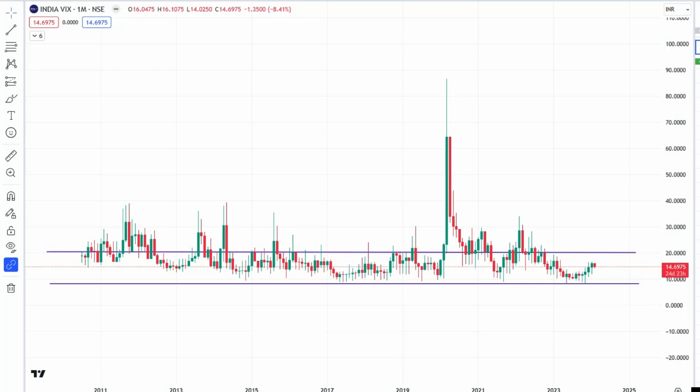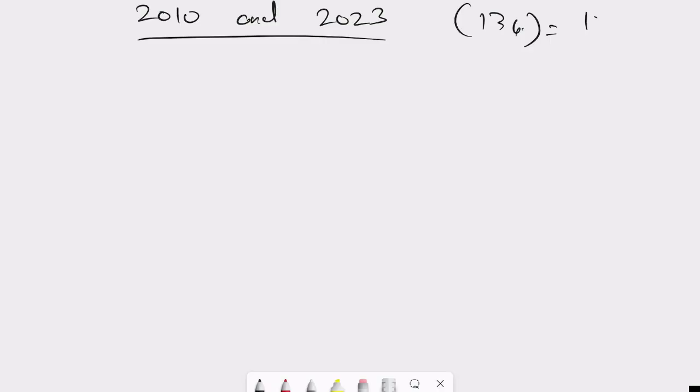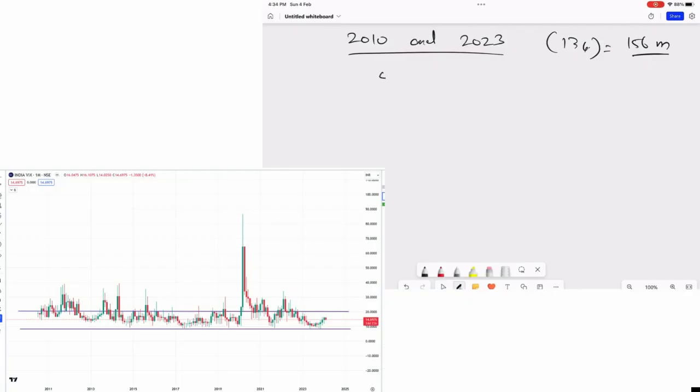If you look at the monthly chart between 2010 and 2023, which is 13 years, we're talking about almost 156 months. For 56 months, the India VIX value was greater than 20.